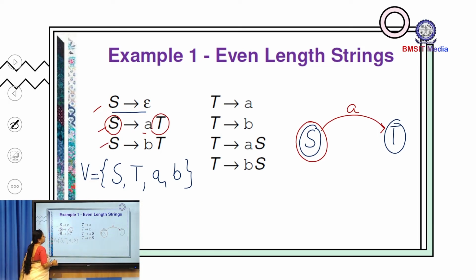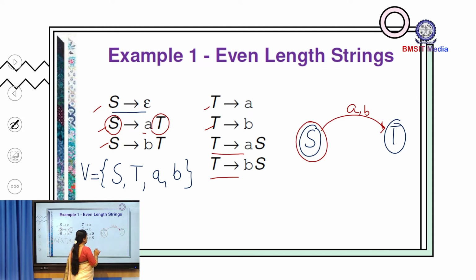Similarly, it holds good for the next rule in the grammar. S tends to T, so from S we can have a transition over T. I can mention in the same transition A comma B, which is valid. Next is T tends to A and T tends to B. I'll come back to this transition later. We will first take care of these two transitions.